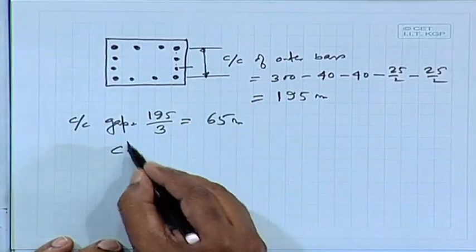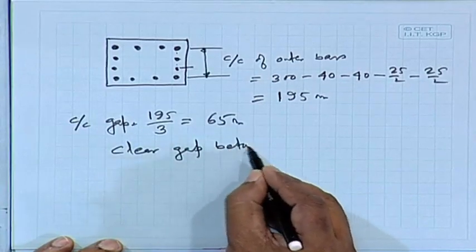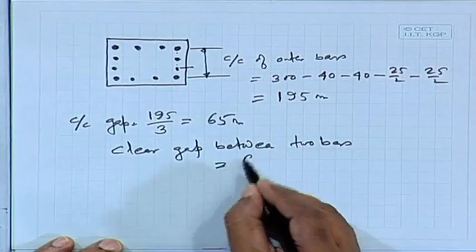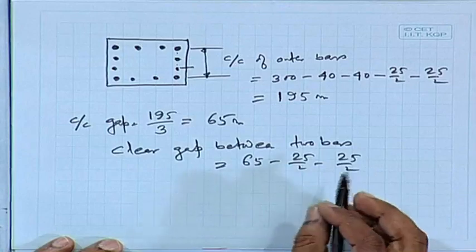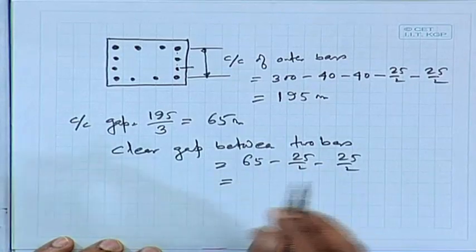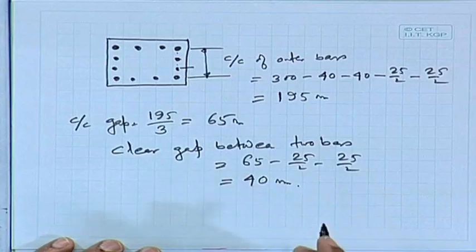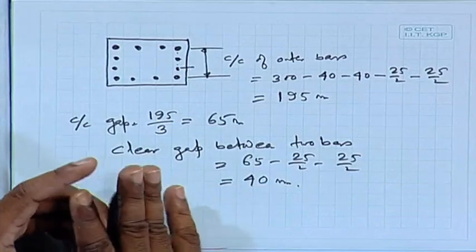So, clear gap between two bars will be equal to 65 minus 25 by 2 minus 25 by 2, which comes as 40 millimeter. Now, this is 40 millimeter. Let us say the maximum aggregate dimension is 20 millimeter coarse aggregate. So, that means it can come.